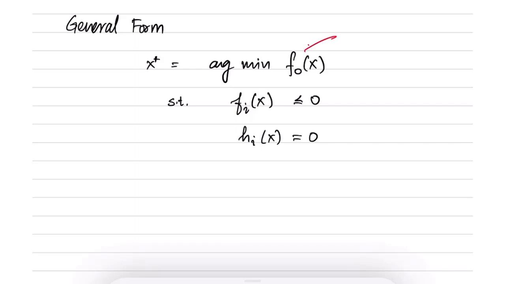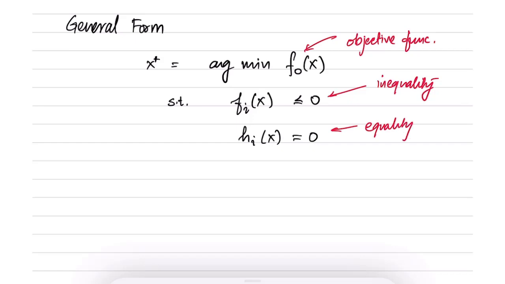If you remember, we called this the objective function, and these the inequality constraints, and these the equality constraints.